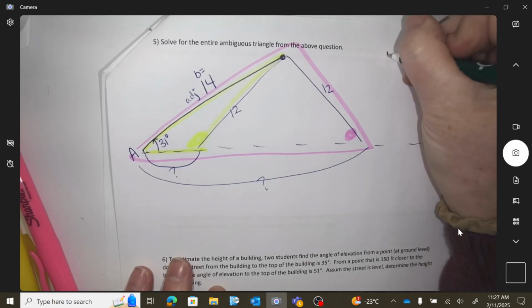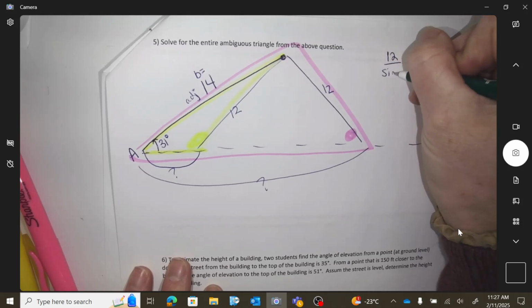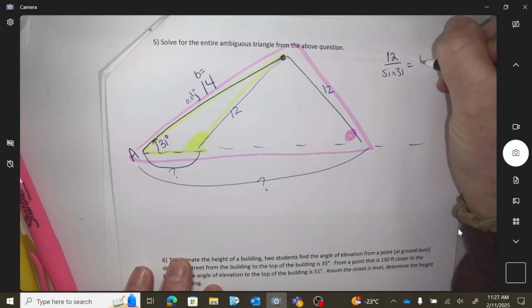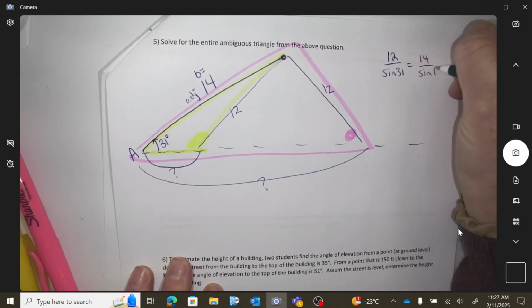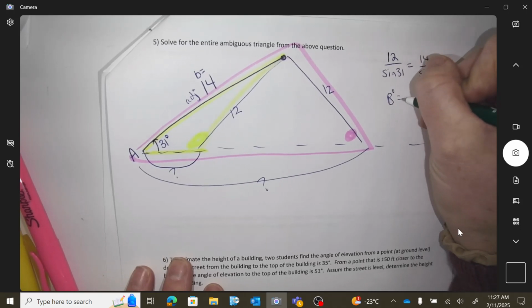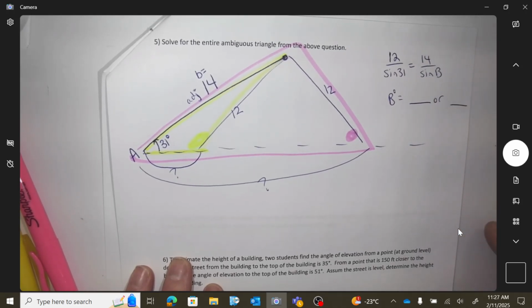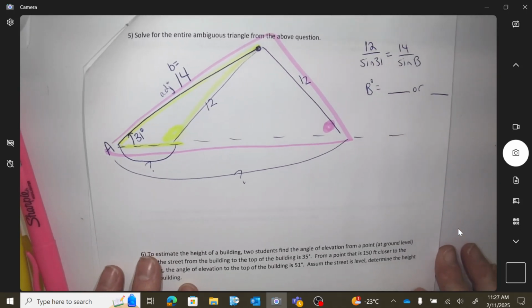Okay, so step 1. 12 over sine 31 equals 14 over sine B. Angle B equals what or what? That should be your options, right?